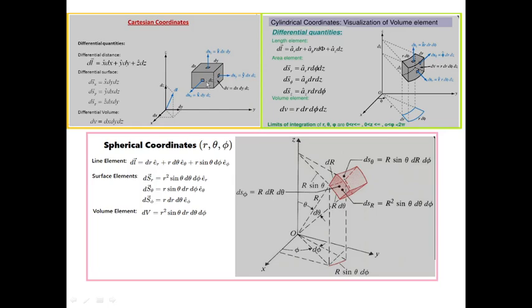Then the point here and this point, if you assume a line, this is x hat dx plus y hat dy plus z hat dz. This is called elementary length in Cartesian coordinate system.